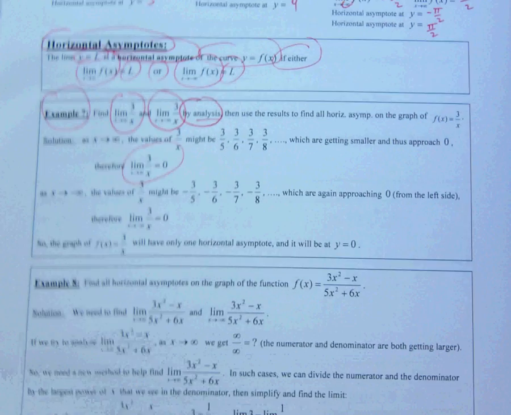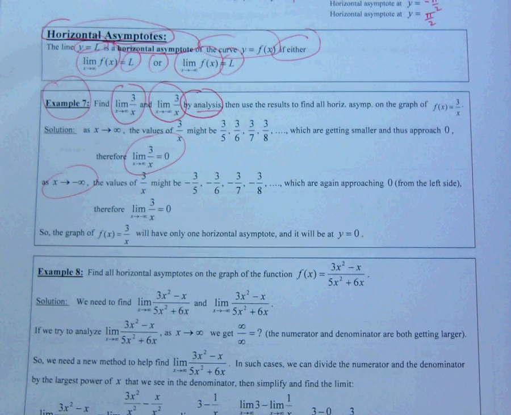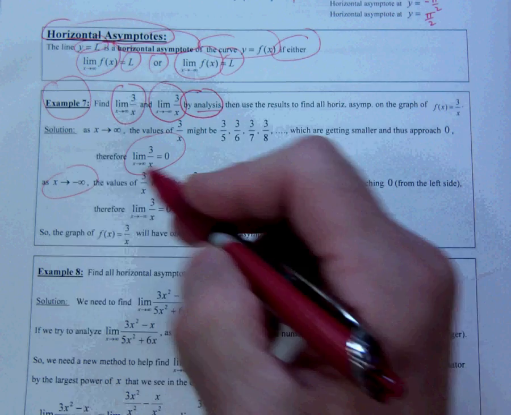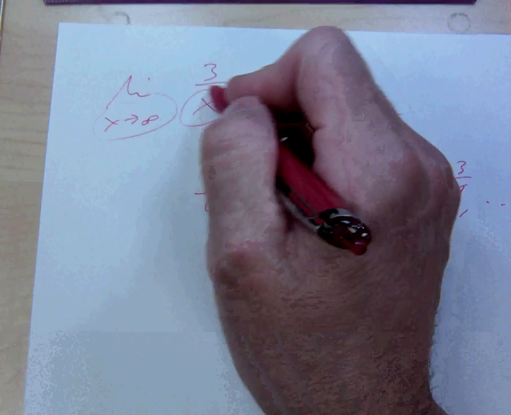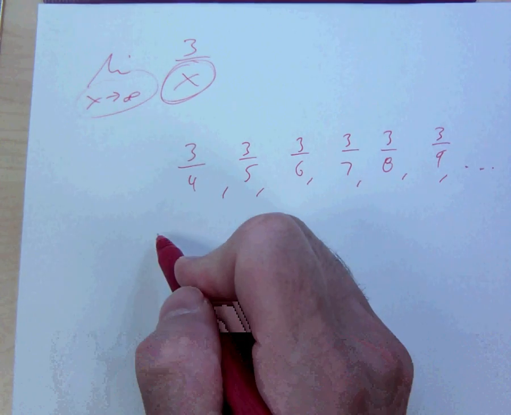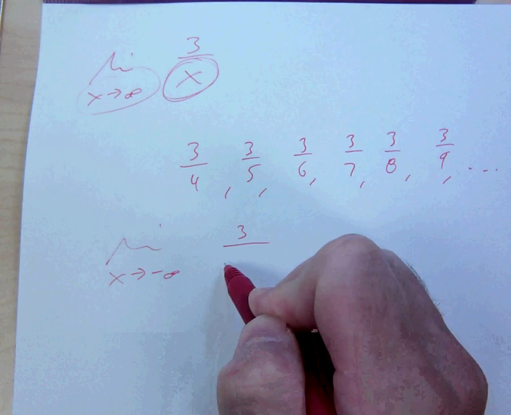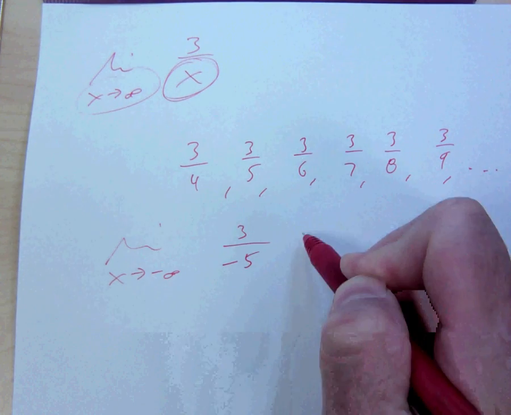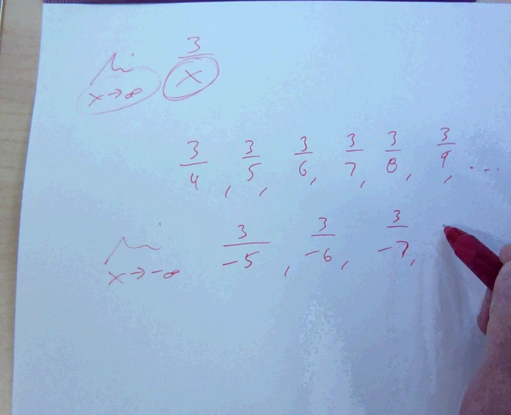Now how about as x goes to negative infinity? Let's talk about that. Again, if I start putting numbers in there that are going to negative infinity, now we're talking about, what's happening here, guys?